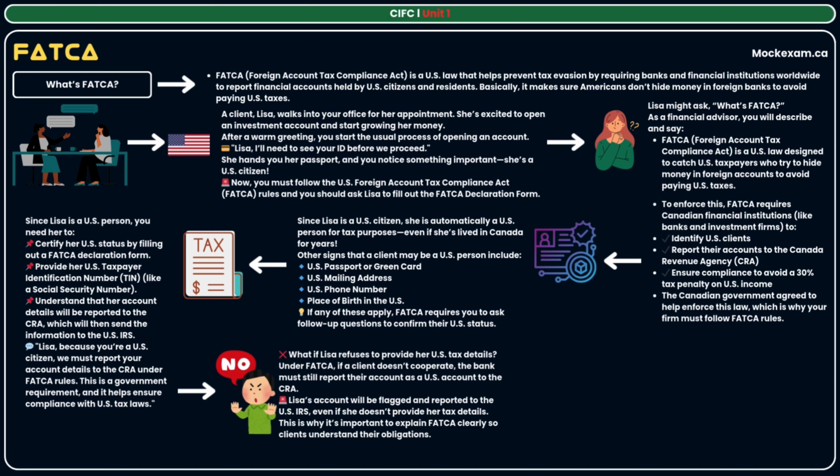Lisa's account will be flagged and reported to the US IRS, even if she doesn't provide her tax details. This is why it's important to explain FATCA clearly to Lisa and all of your US clients, I mean, so they would understand their obligation.